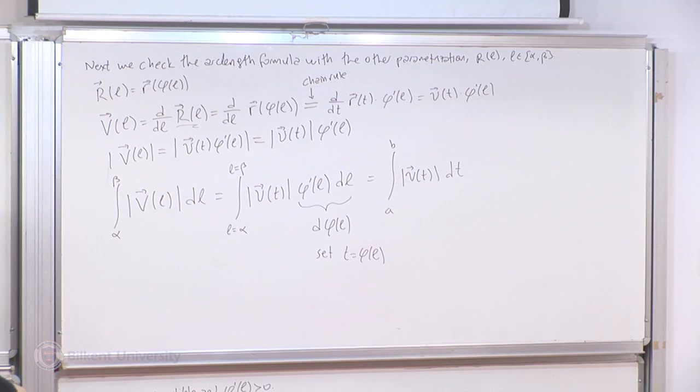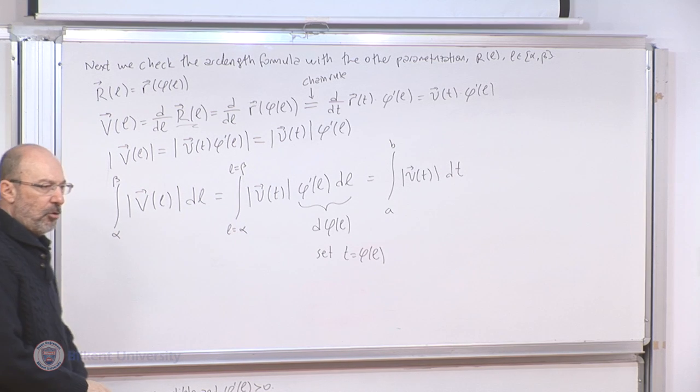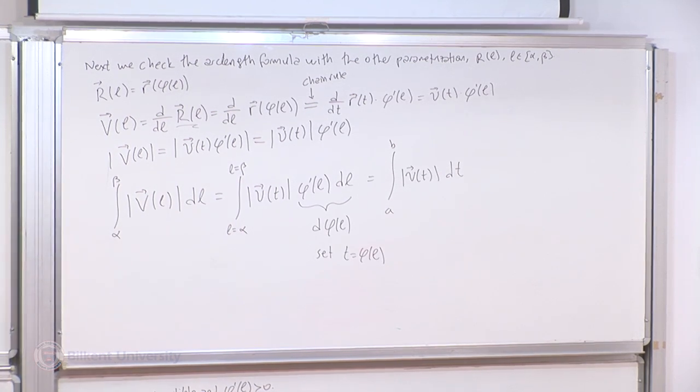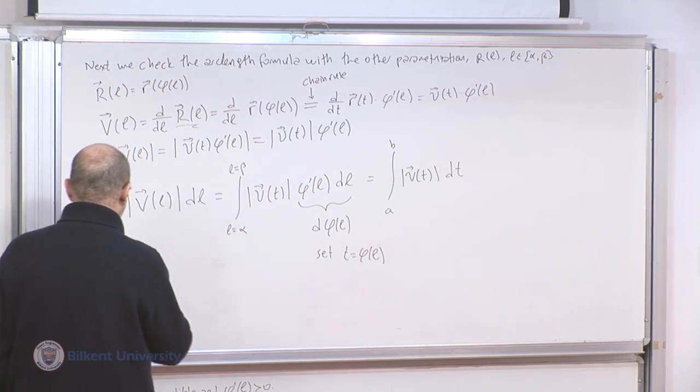So this assures us that it doesn't matter which parameterization you use. Choose the simplest parameterization that suits your calculations, provided that you want the derivative to be different from zero. So let me write the summary here.